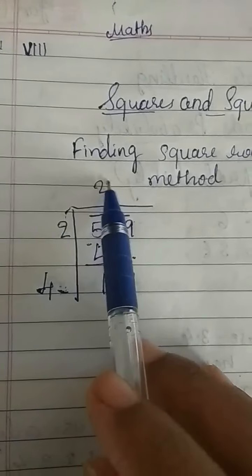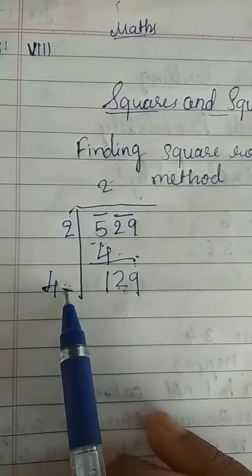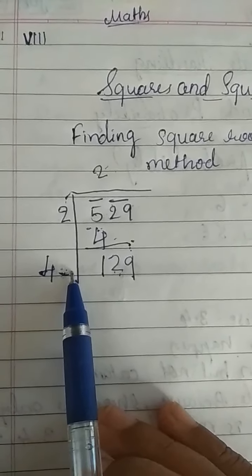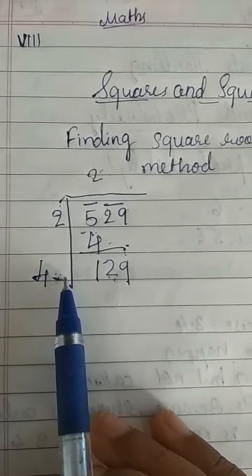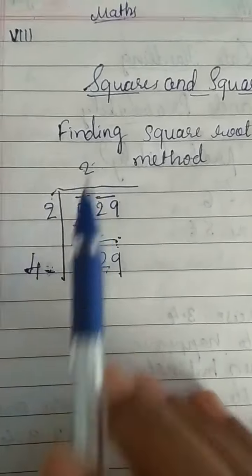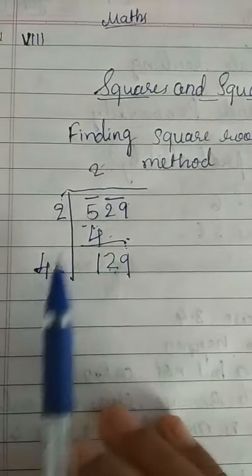Observe carefully. This quotient we have to double. 2 plus 2 is 4 and 1 we have to leave. And guess the largest possible digit to fill in the blank, which will also become the digit in the quotient. Here also and here also we have to fill only one number, both sides.